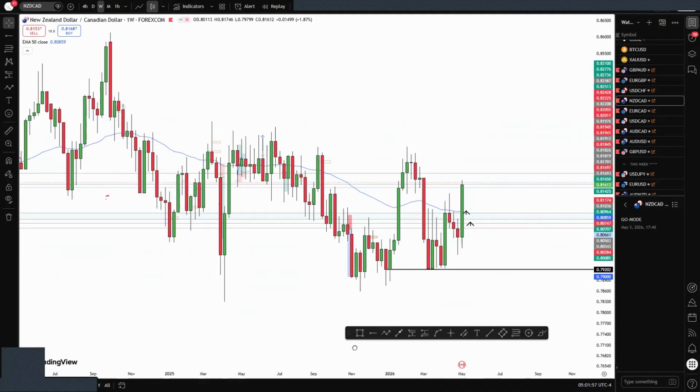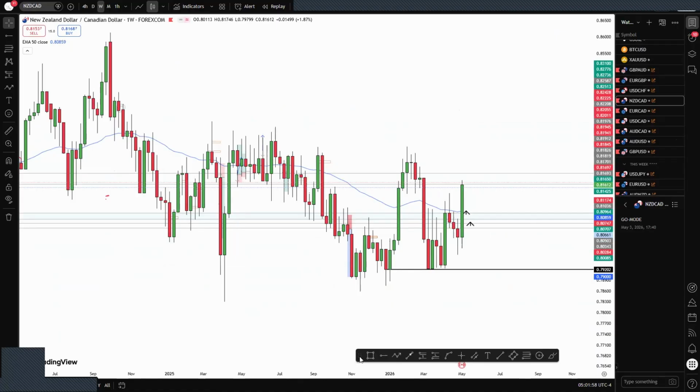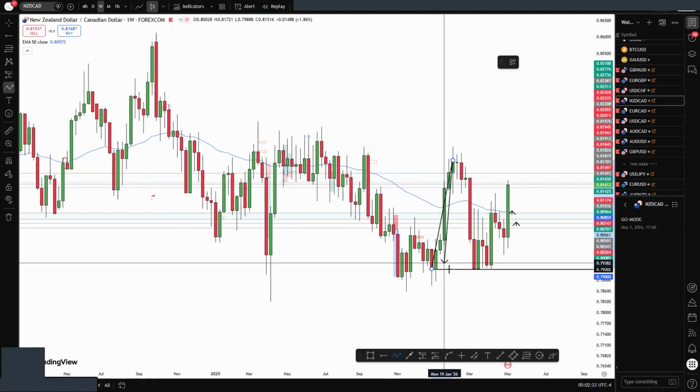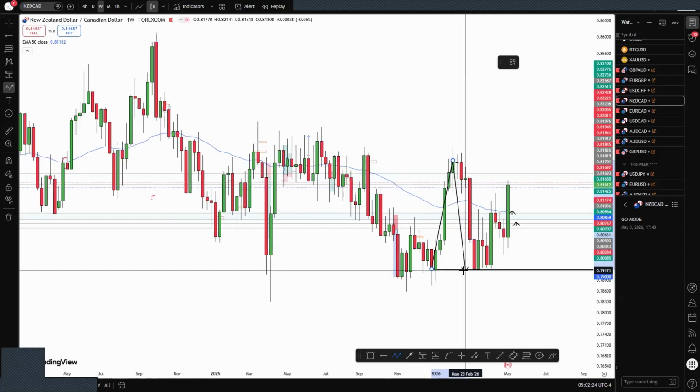I told you guys that this market is very much bullish, you see? And this was an OG level, and this was an OG level. This here too was an OG level. That there as well was an OG level, and this one was an OG level.